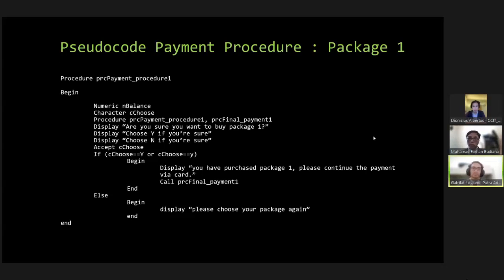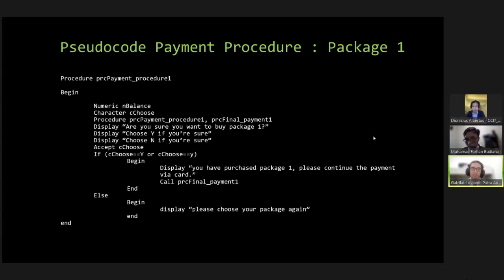Next is payment procedure number 1. We begin our pseudocode. We declare all our variables and display our reconfirmation. If you really want to buy package 1, then you can choose Y, or if you don't, then choose N. So we accept their choice.